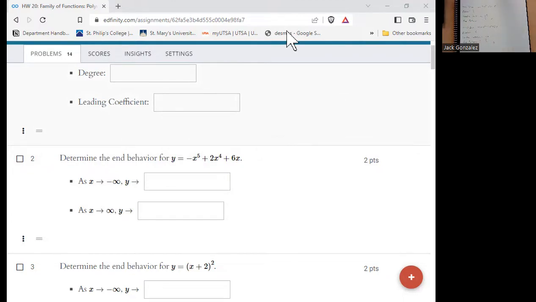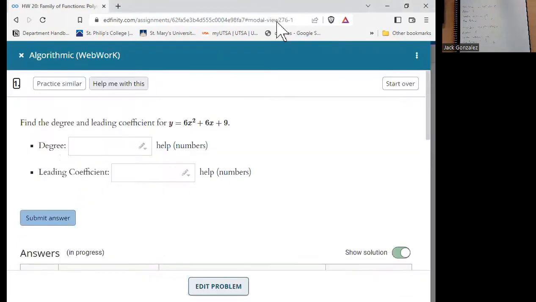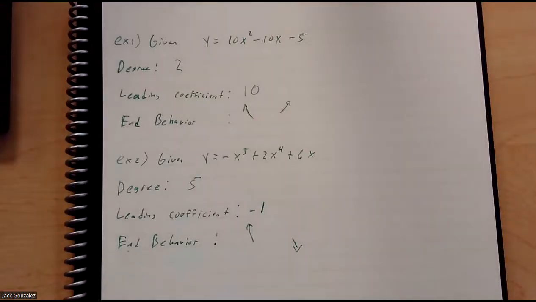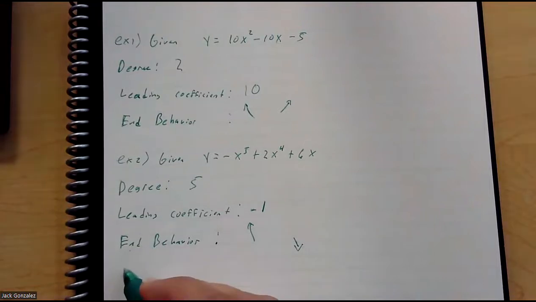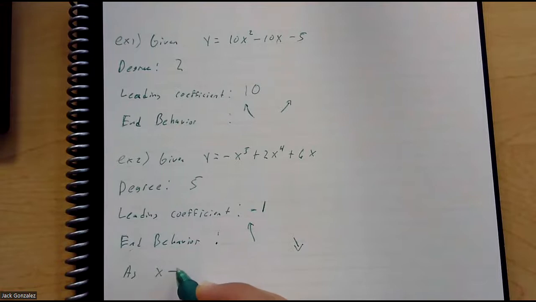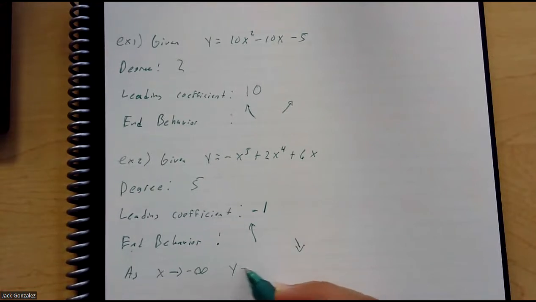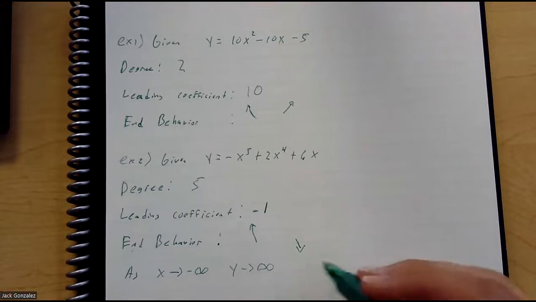Having technical difficulties. Okay, so what this is saying is, as x goes to negative infinity, the y value is shooting upward towards the left direction. So that means y goes to infinity. That is what this is saying.